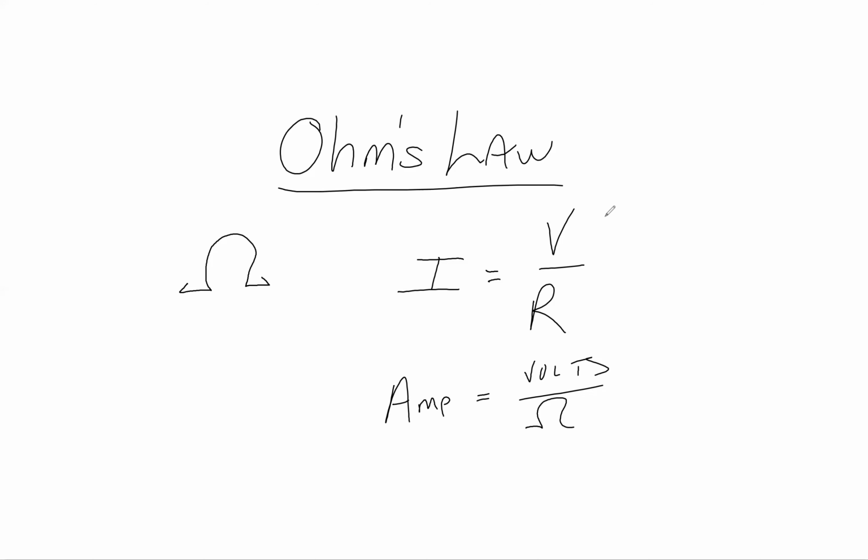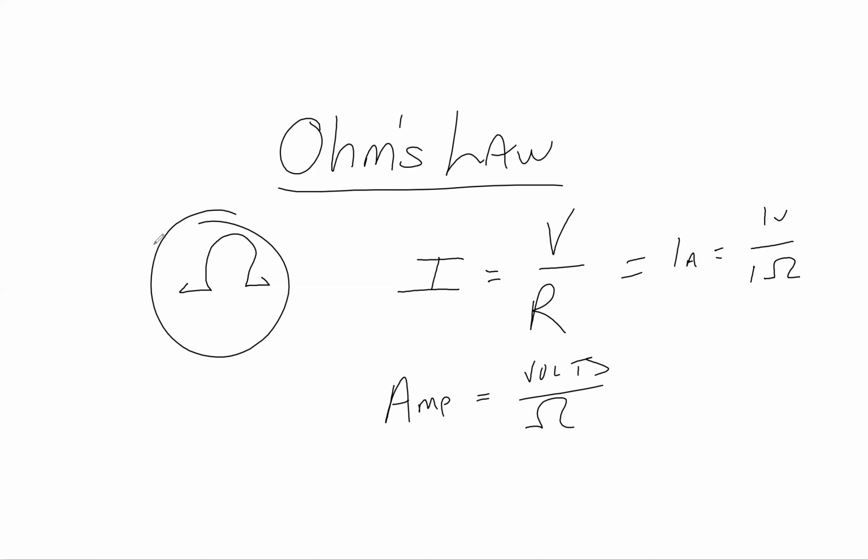But let's take a look at Ohm's law in practical terms. Let's just say that the relationship is that 1 amp is equal to 1 volt over 1 ohm. I'm not going to draw the fancy omega like I did over here.